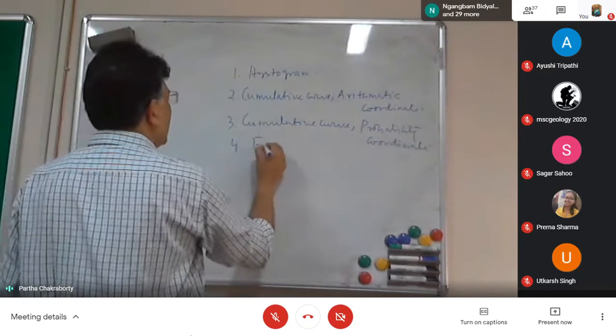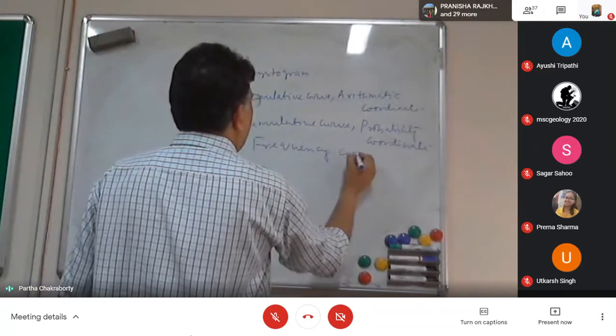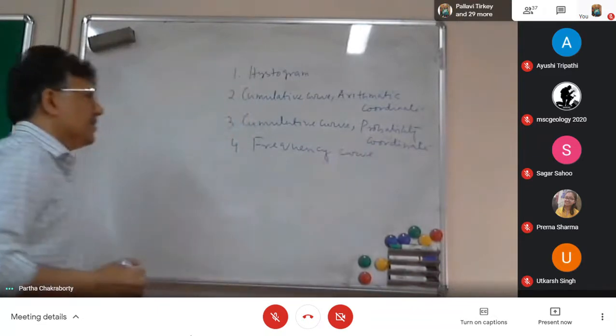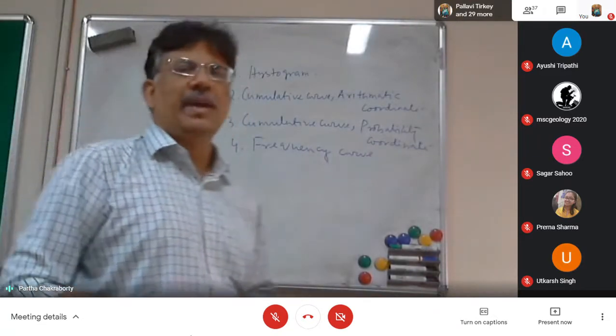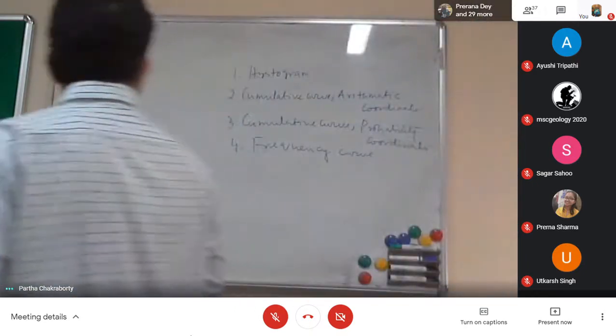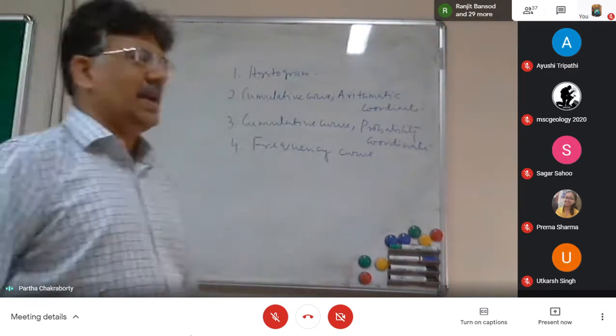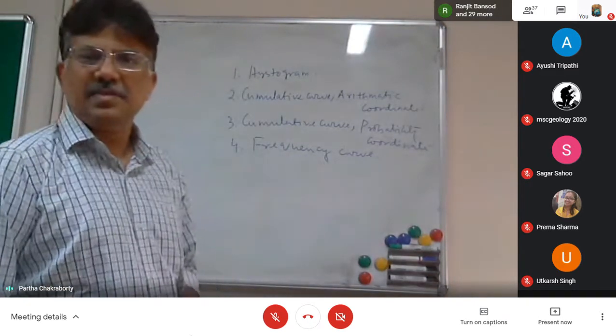Number four, frequency. These are four different ways that we basically represent our data. We will be discussing how we really express our data.